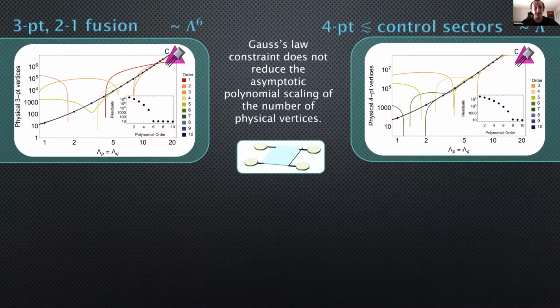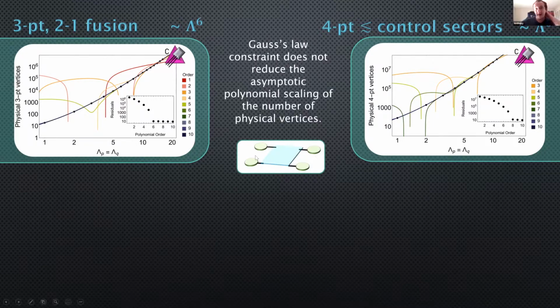So now let's talk about how this method scales. Naively we'd expect there to be lambda to the 6 states at each vertex if there was no constraint on it, because we're truncating P and Q at lambda for each link.